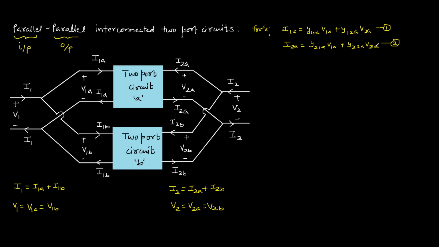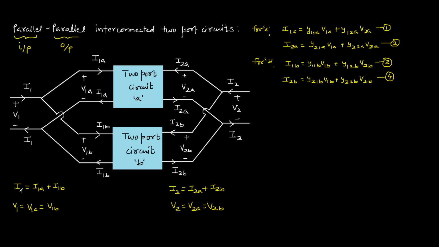This is the second equation. And for circuit B, the equations are I1B equals Y11B V1B plus Y12B V2B. This is the third equation. And I2B is Y21B V1B plus Y22B V2B.